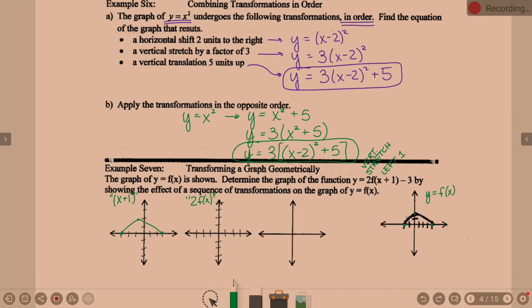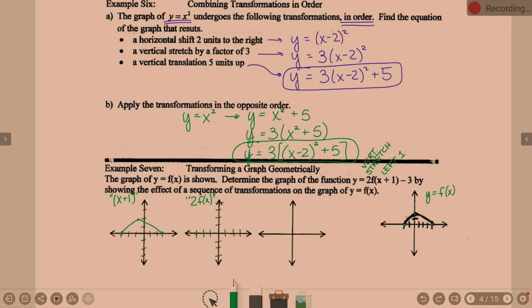Now, we're going to stretch the y's. At the point -3, 0, that I'm at right now, what is my y value? 0. What's 2 times 0? 0. So what is that point still? -3, 0. When you stretch something or shrink something that's on the x-axis, it doesn't move.